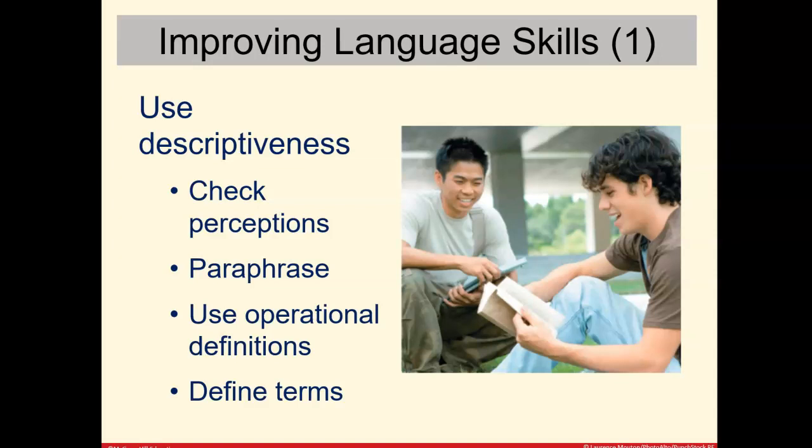So for example, the example that's given in your textbook is a professor says the only excused absence is that for illness, and then he defines exactly what is meant by that term. And so that's using definite terms or defined terms, using operational definitions.